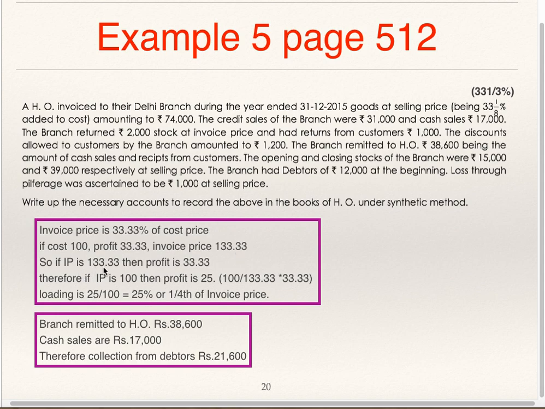Therefore, if invoice price is 100, then profit is 25: 100 divided by 133.33 multiplied by 33.33. Loading is 25 divided by 100, 25%, or loading is 1/4 of invoice price.